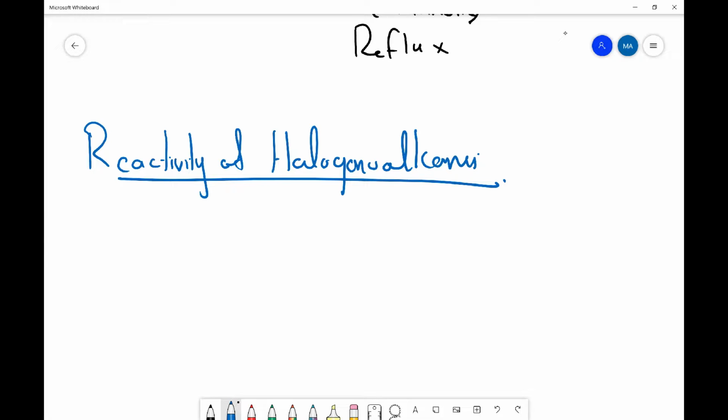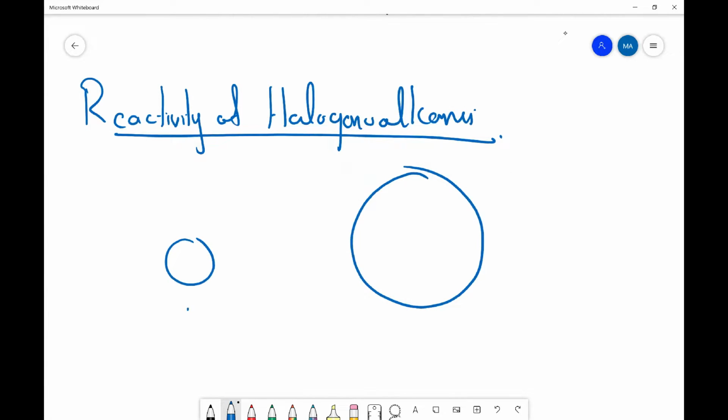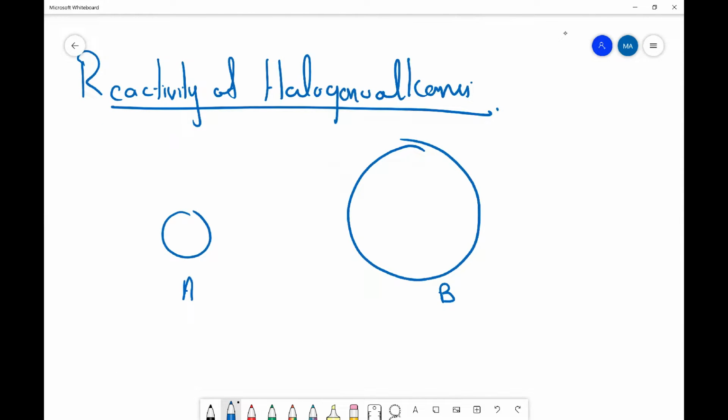Because the bond strength is weaker, the electrons are far apart. See, I'm going to draw this diagram again. There's a difference between the radii of these two atoms. The first one has a smaller radius, whereas the second one has a bigger radius. So obviously the second one is more reactive. Why? Because of the weaker bond strength.